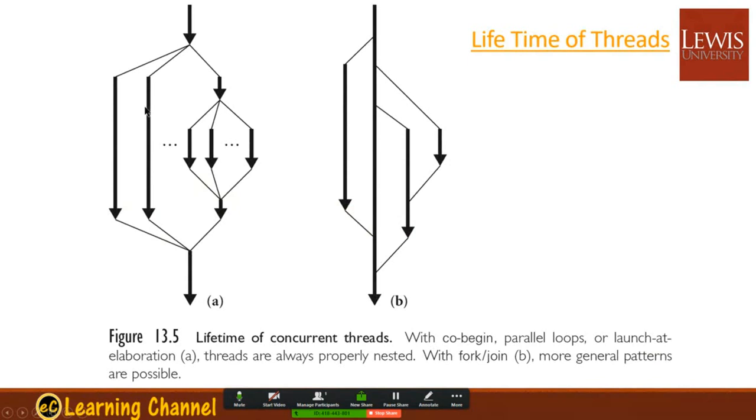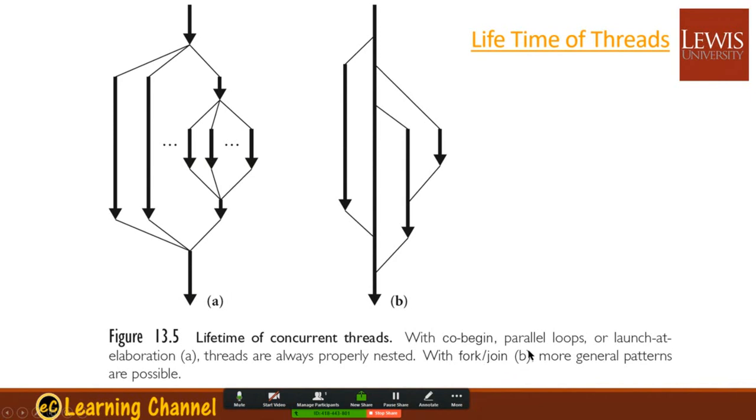So for the lifetime of the thread, at fork time, you will fork out different processes. And this part is using the cobegin and parallel loop or launch at the elaboration. So it branches out at the same time for multi-process, and will join at the same time.